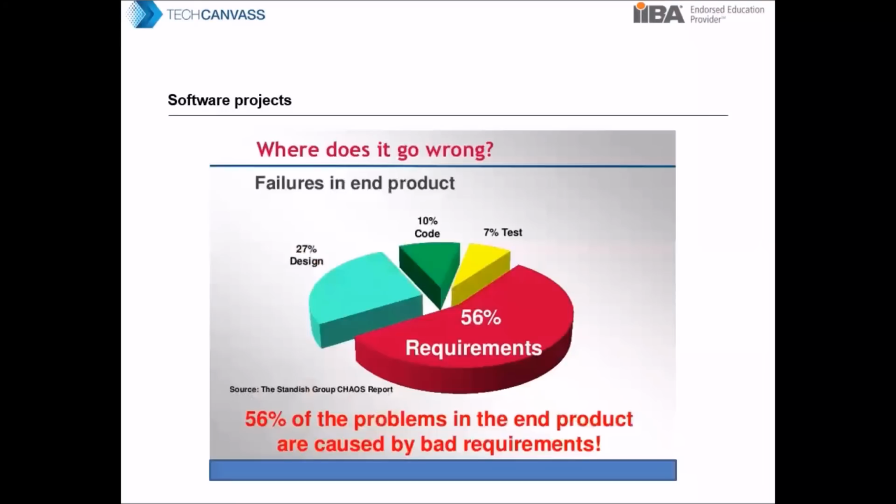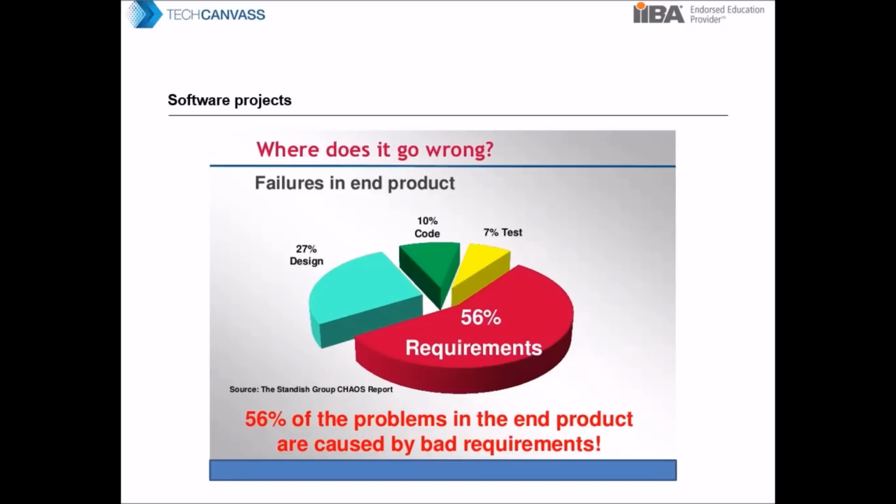Now, why are most of the projects challenged? One of the most important aspects, in fact, in more than half of the projects which were challenged, the reason was requirements. Bad requirements were the reason for most of the projects which were challenged.